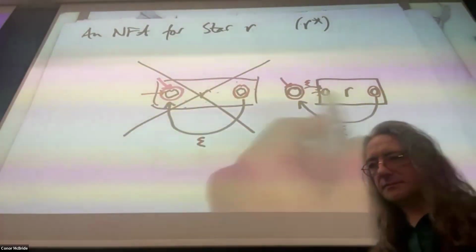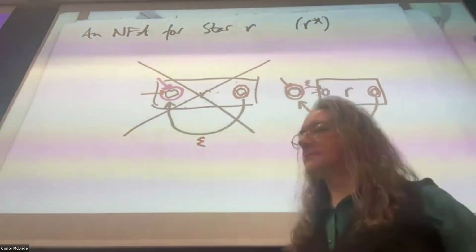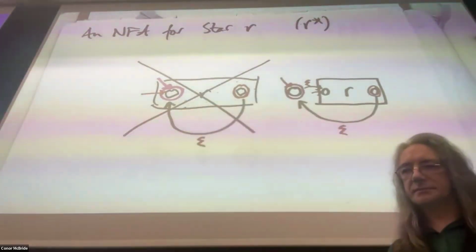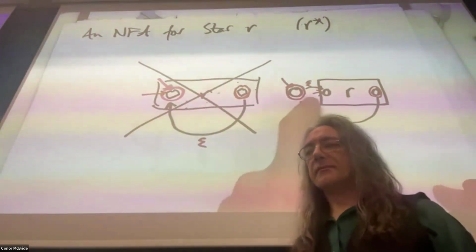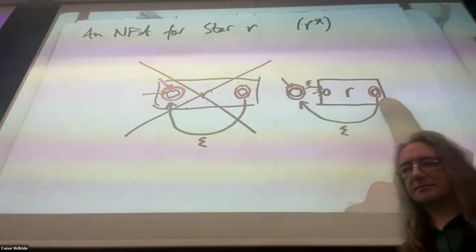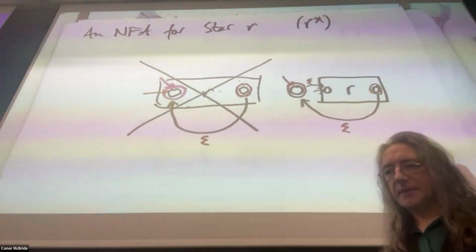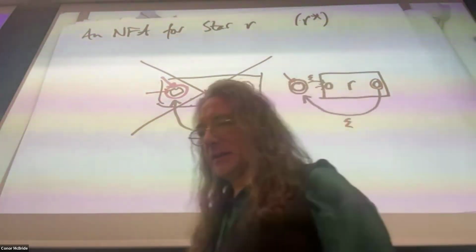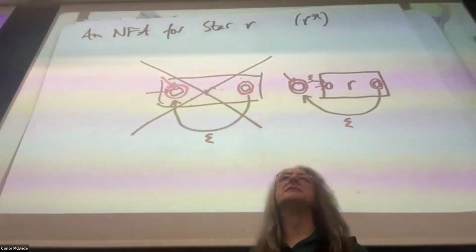Because otherwise, the internals of R could get in our way and make us accidentally go back. But now, the only way we can go around this loop is if we get to the accepting state of R and then make an epsilon transition. Yeah. So thank you for the concrete counterexample.